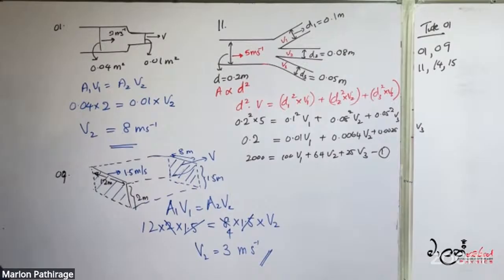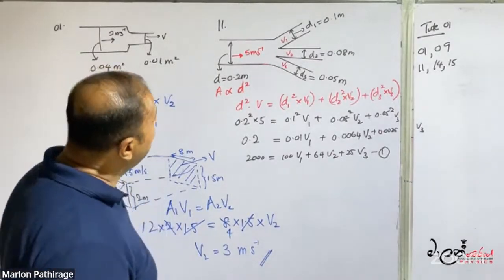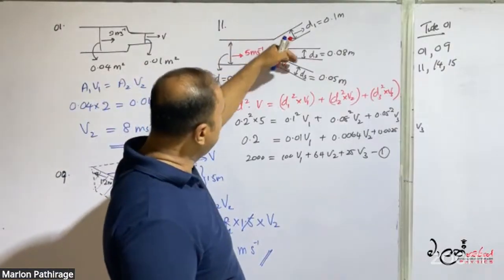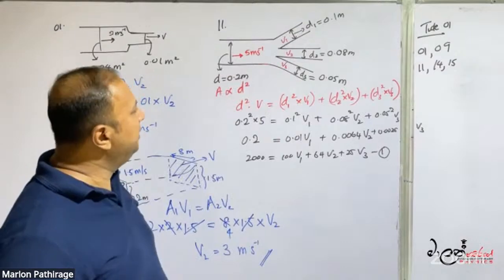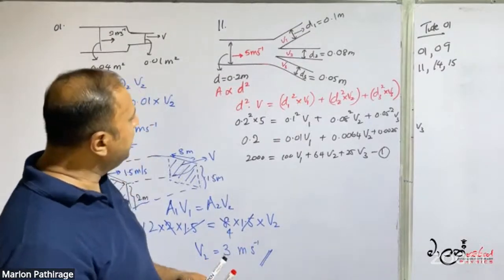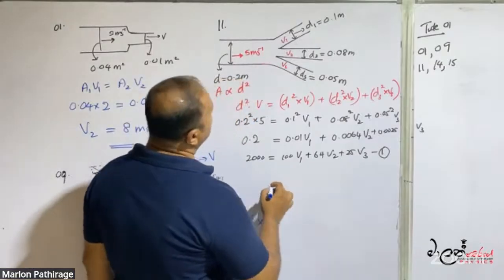Next, mass flow rates are equal. The mass going through here and the mass going through here are equal. Okay, then look at this one.